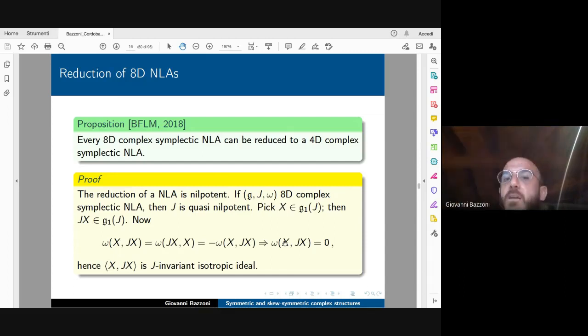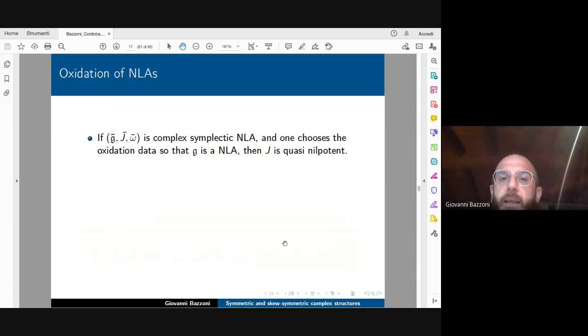Okay, and remember, in 4 dimensions we have a very precise classification of nilpotent Lie algebras. So basically, you can oxidate those. You can oxidate them again. So remember, I told you at the very beginning that there are just 2 nilpotent Lie algebras which admit complex symplectic structures, basically R^4 and Kodaira-Thurston.